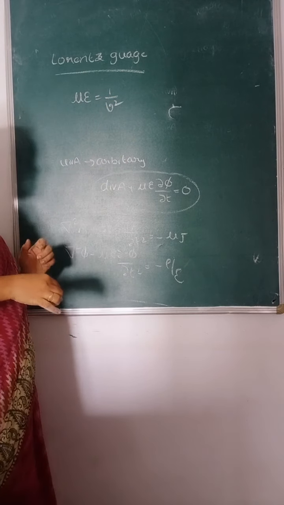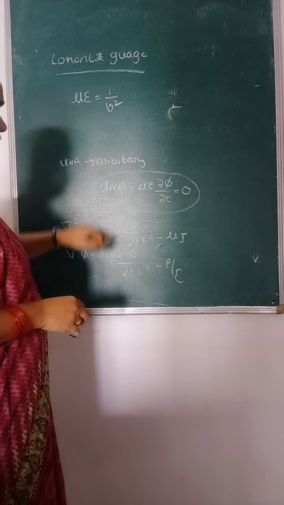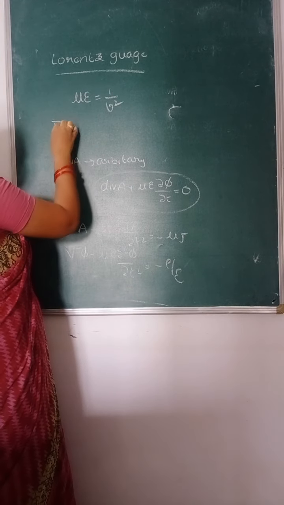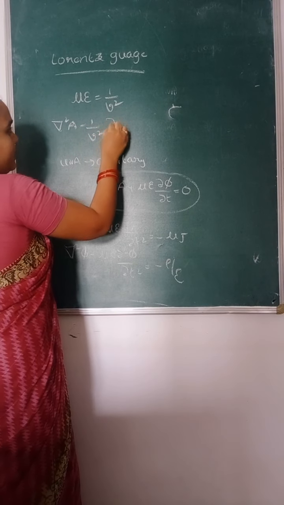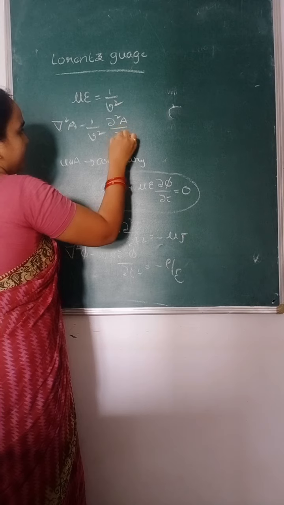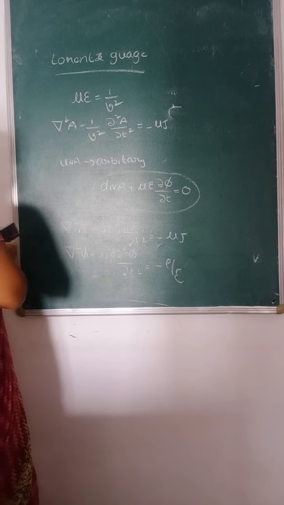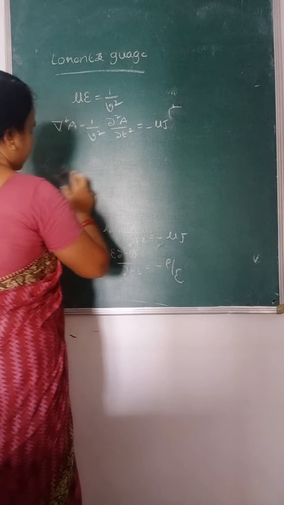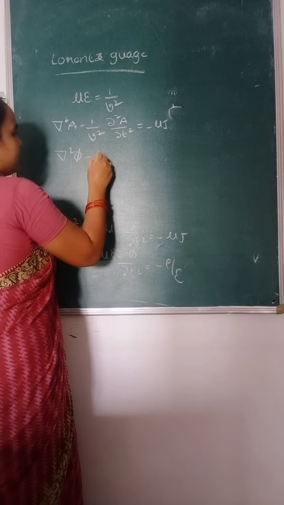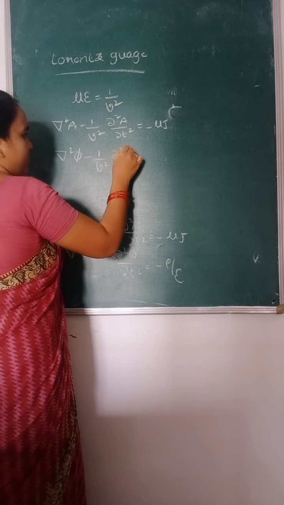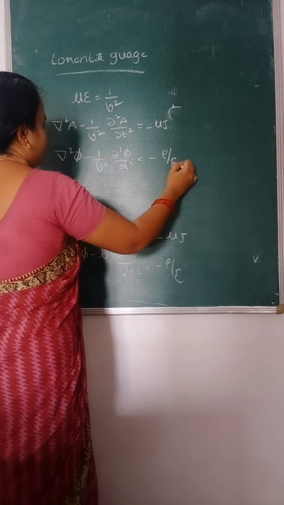If it is mu naught epsilon naught, it is 1 by c square. So let us substitute this mu epsilon in these equations: del square A minus 1 by v square dou square A by dou t square is equal to minus mu J, and del square phi minus 1 by v square dou square phi by dou t square is equal to minus rho by epsilon.